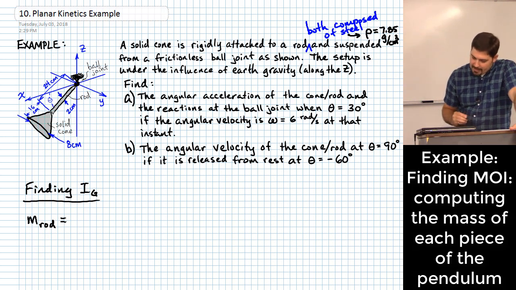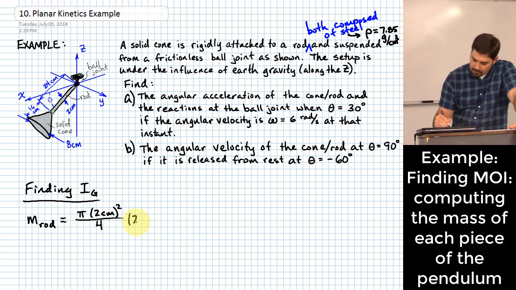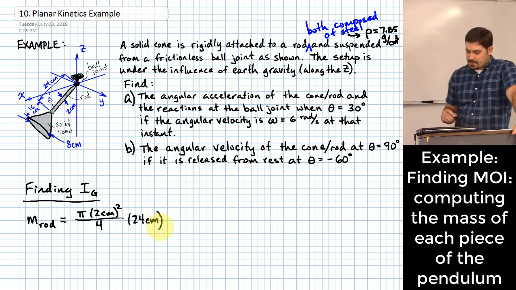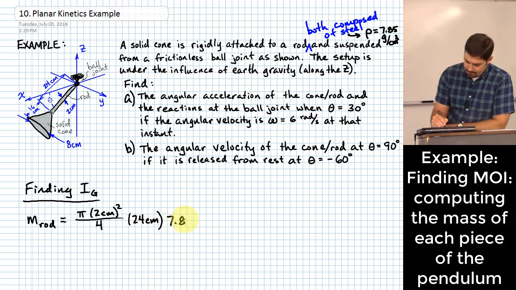How do I get the volume of that rod? Pi d squared over 4 times the length. So it's the area times the length. The length is 24 centimeters. And then I'll have this density of 7.85 grams per cubic centimeter.